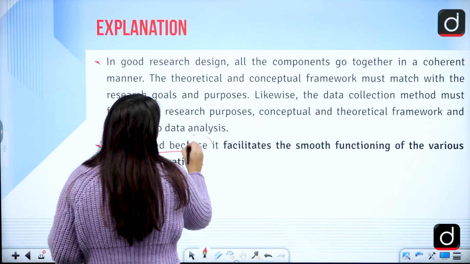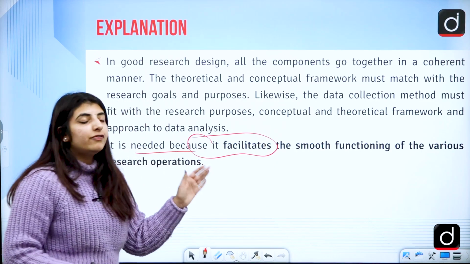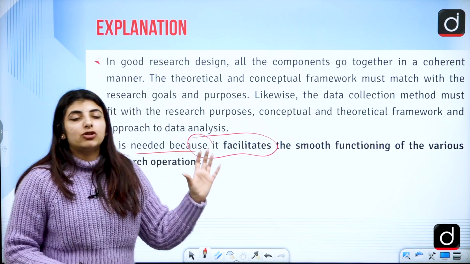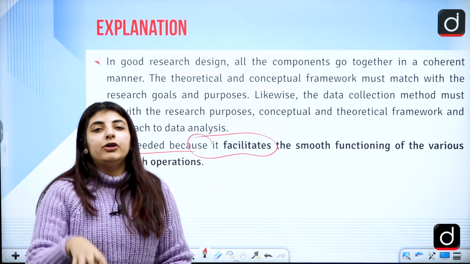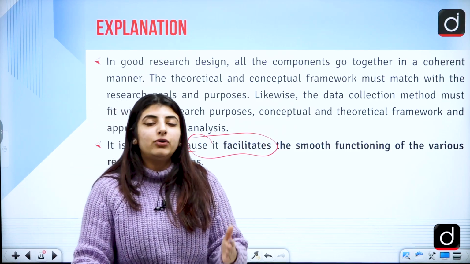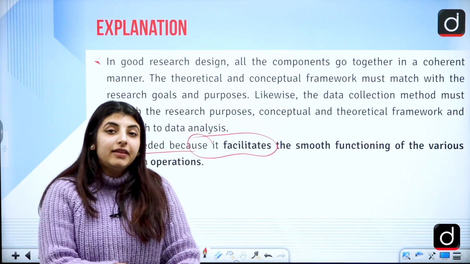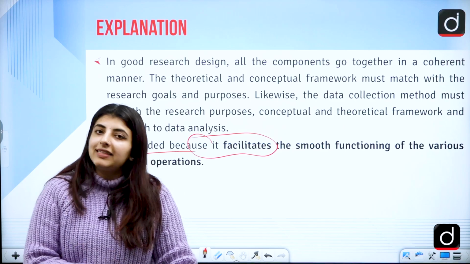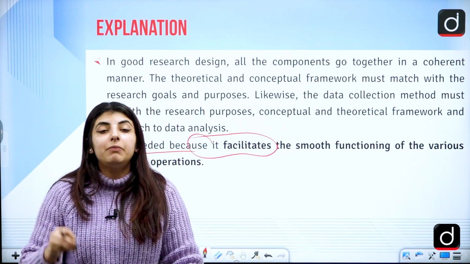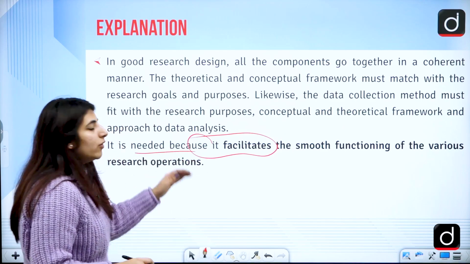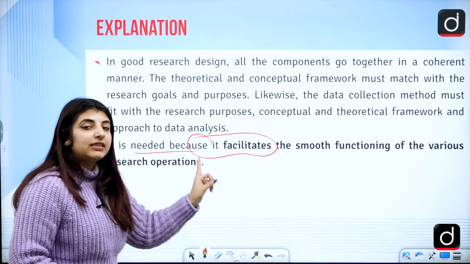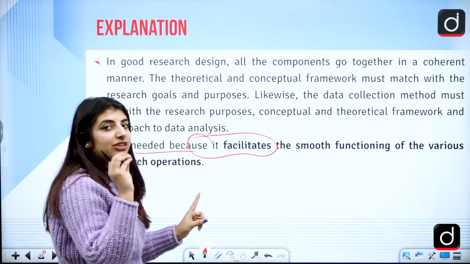It is needed because it facilitates the smooth functioning of the various research operations. Now I am going to do the sample. Now I am going to conduct my research, and these are the tools with which I will be analyzing my data, and this is how I will be referencing it, right? So from A to Z, the research is done because of the research design which is handy to you.